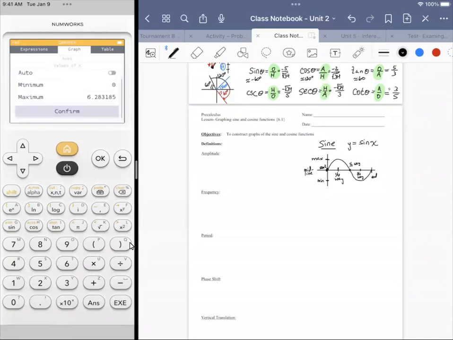I mean, if you want to just type in 6.28, you could. All right. But this is a little bit more precise, so that's why we do it with the pi notation. When I hit OK and confirm, well, actually, looking at my values of y, that's a little extreme. I'm going to change that so that it goes from, I'll go -4 to 4.